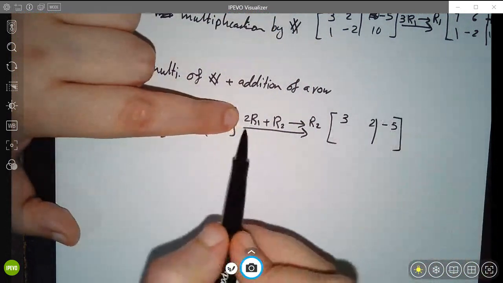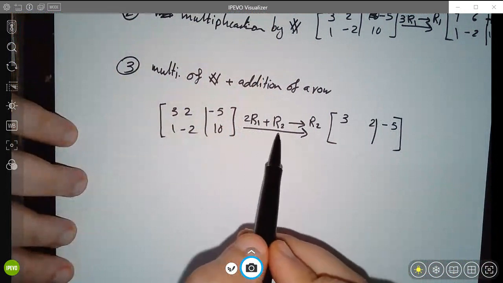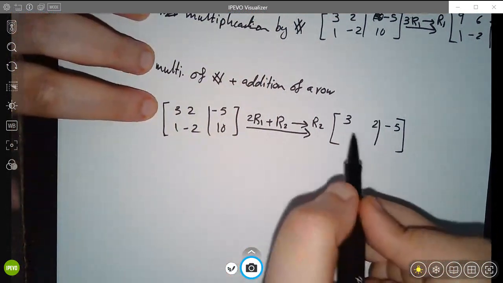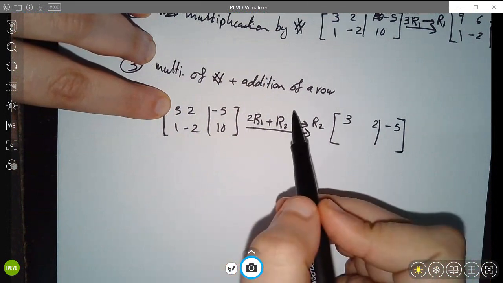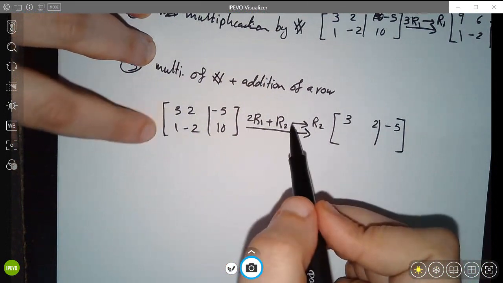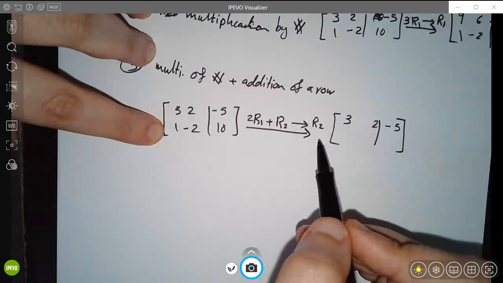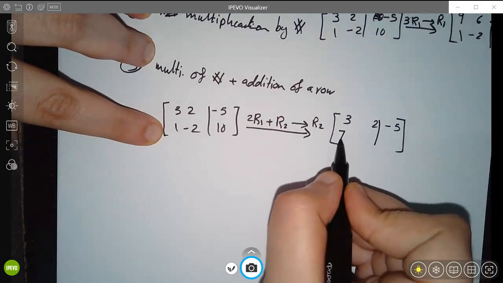Now let's do the second one. The operation said row 1 times 2, and then you add row 2. So you grab the first value, which is 3, times 2 is 6, plus 1, that makes it 7.